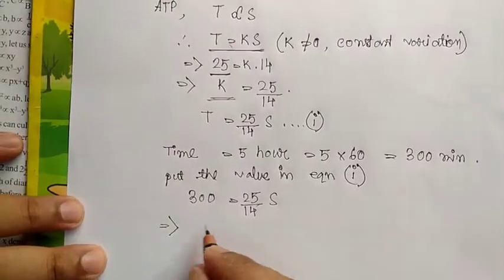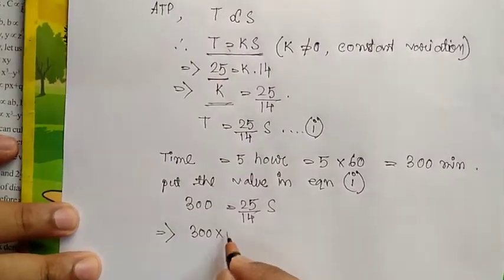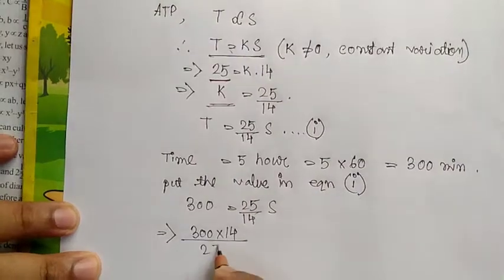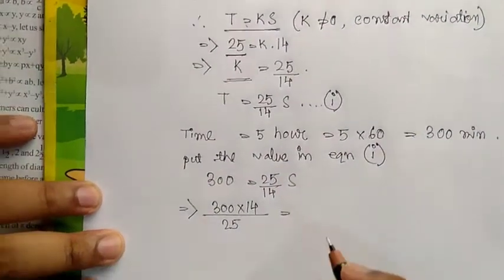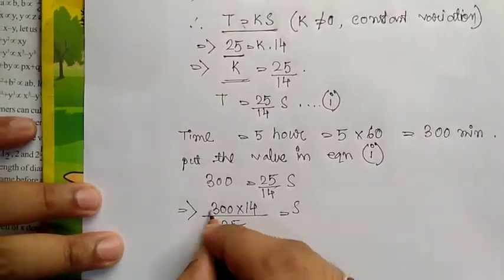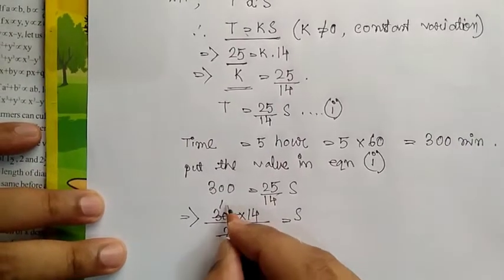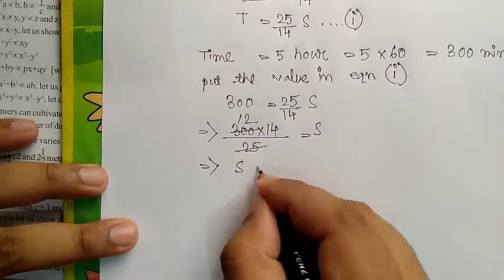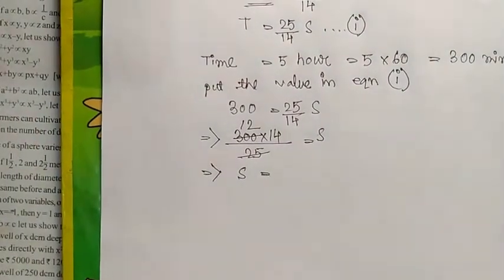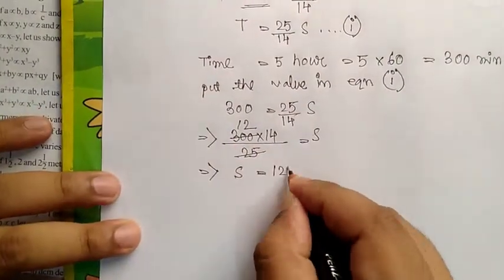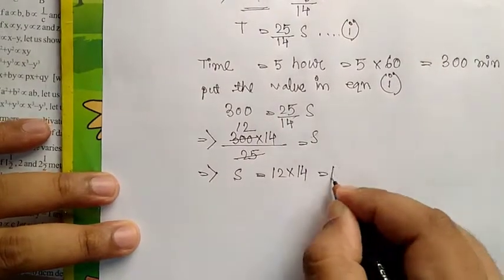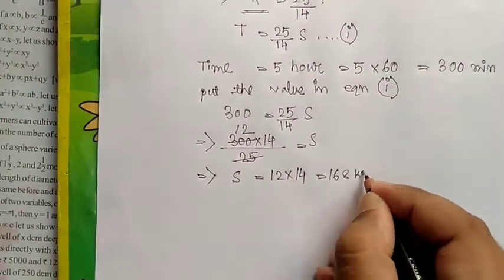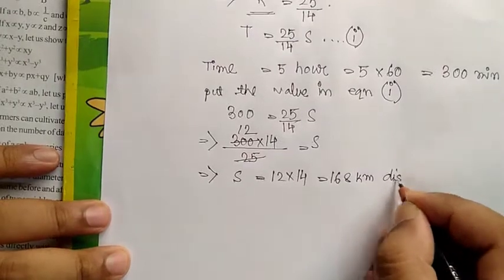So therefore 300 into 14 by 25 equal to s, 25 into 12 is 300. So therefore he covered in 5 hours 12 into 14, 168 kilometer distance.